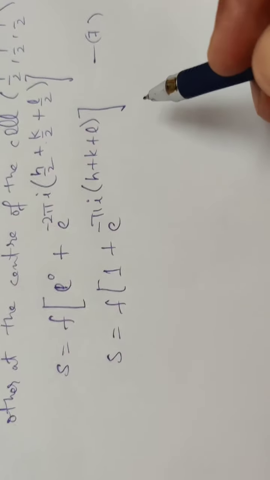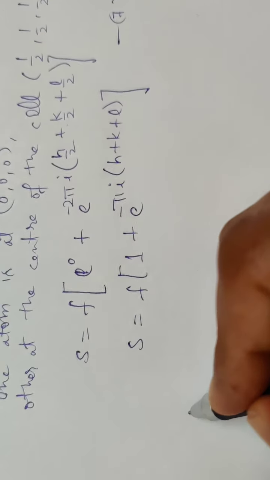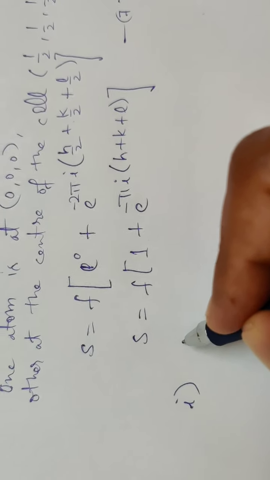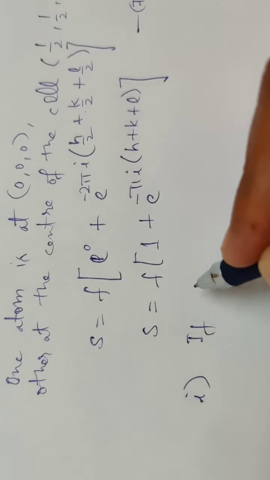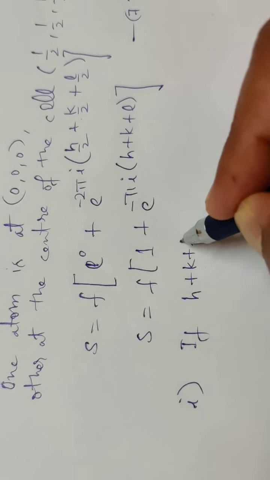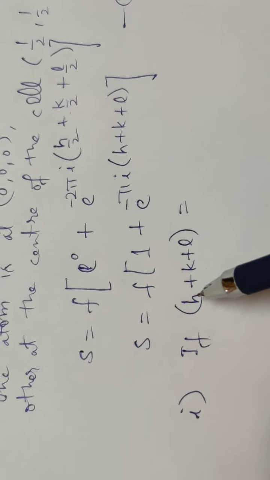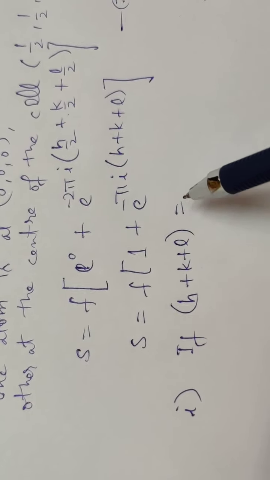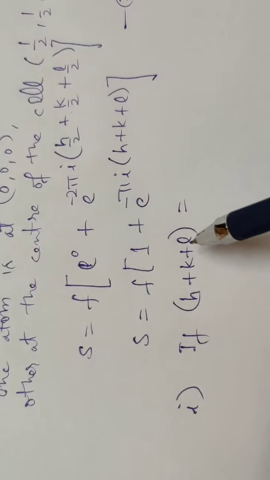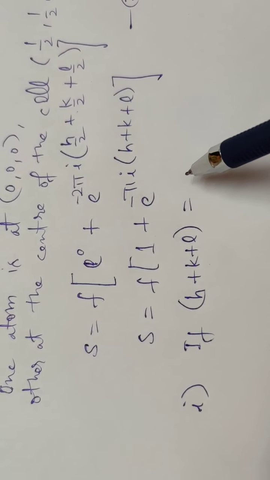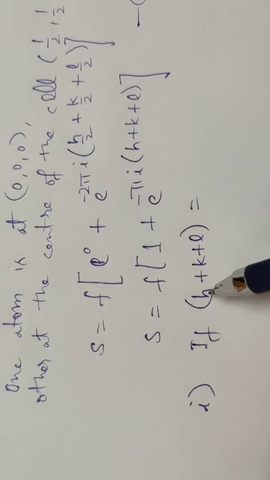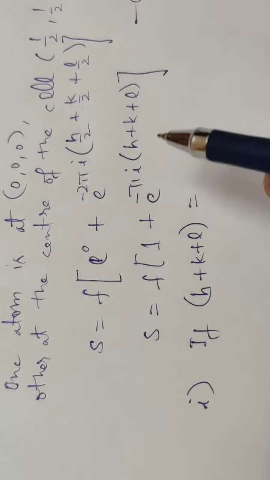So if you try the different combinations, for example if HKL is odd integers, say 1 1 1, which sums to 3, or 3 1 1, or 1 0 0, these are odd combinations.